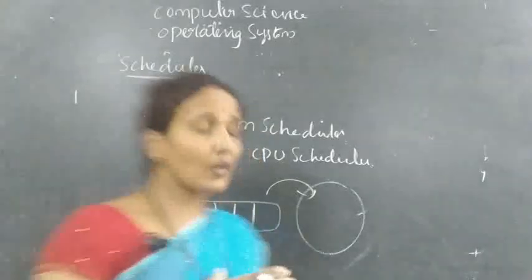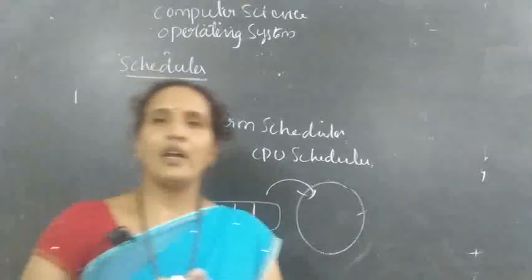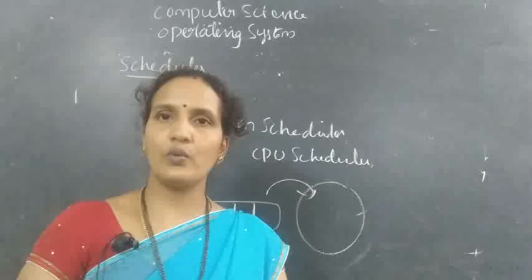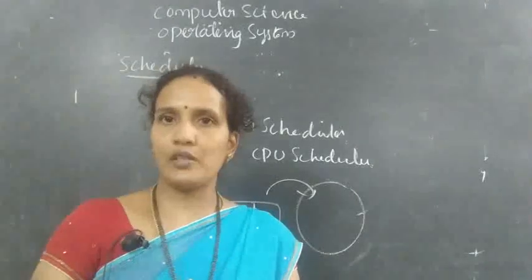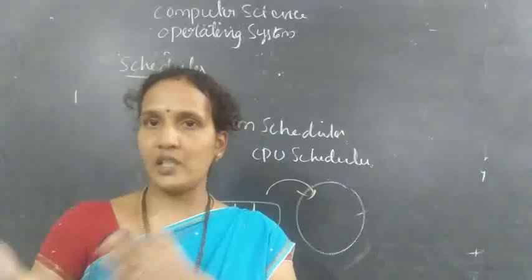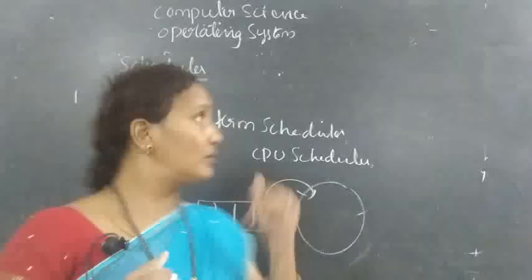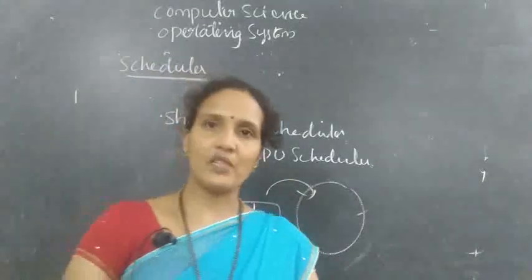Understood? The next one is the medium term. For example, CPU time is given to a process and a new process enters with more priority. So the current process is removed from the CPU and CPU time is given to the new process. That is done by the medium-term scheduler, and that process is called swapping.